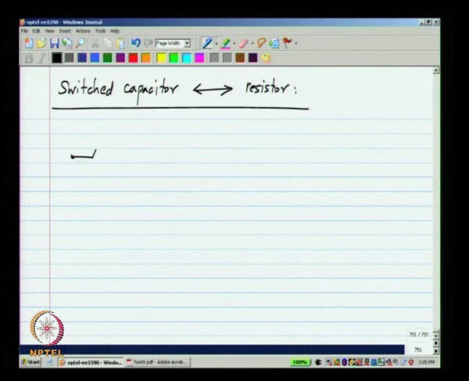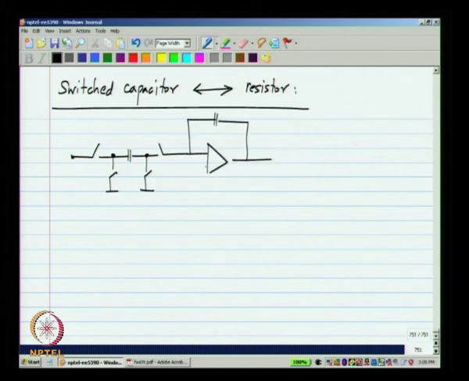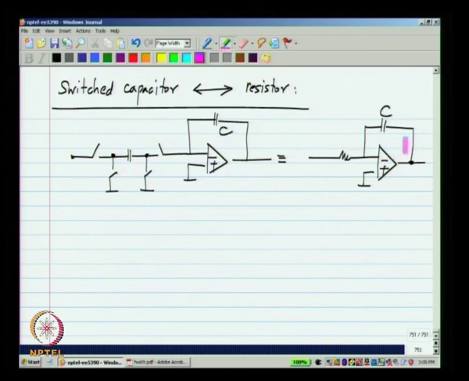That is, this is considered to be equivalent to that. Okay. Now, clearly the equivalence is only approximate, because this is a continuous time system and this is a discrete time system, and they cannot be exactly equal to each other.